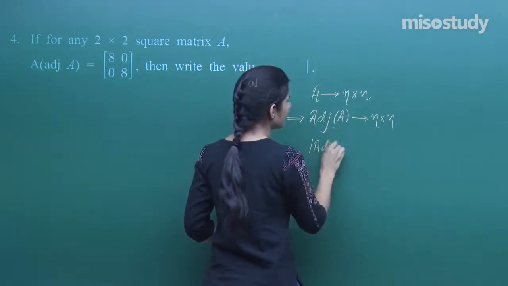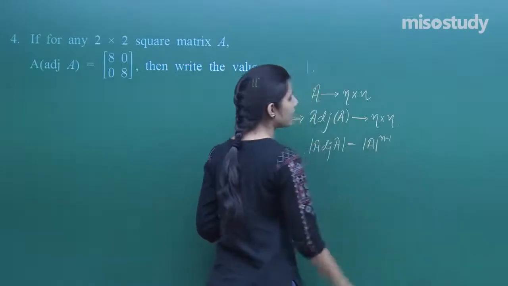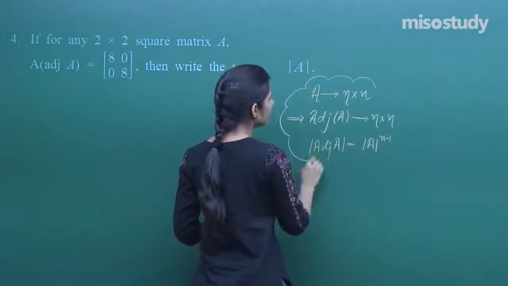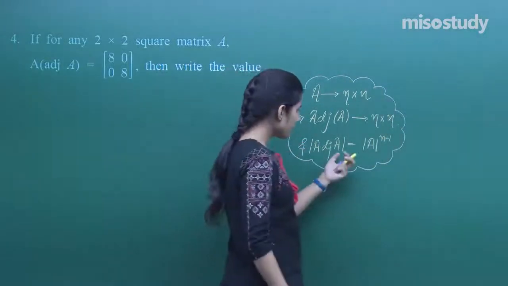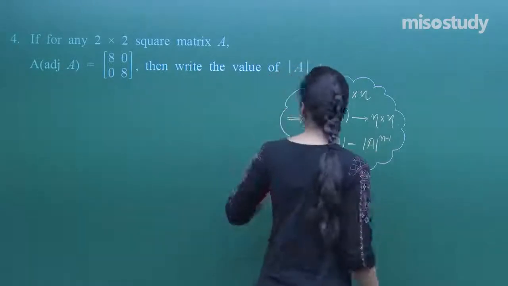Determinant of adjoint of A is the same as determinant of A to the power n minus 1. This is the relationship between determinant of A and determinant of adjoint of A.